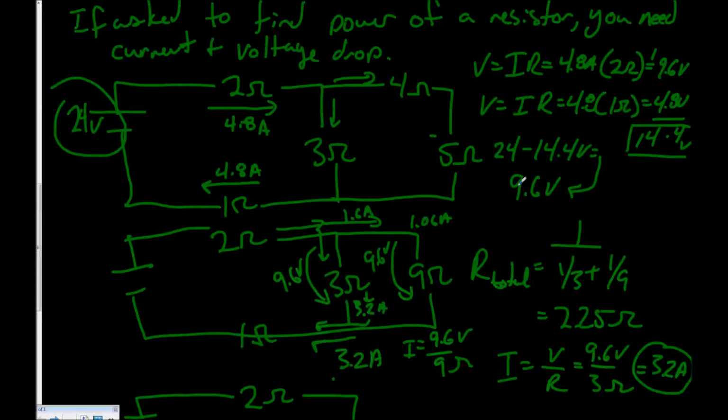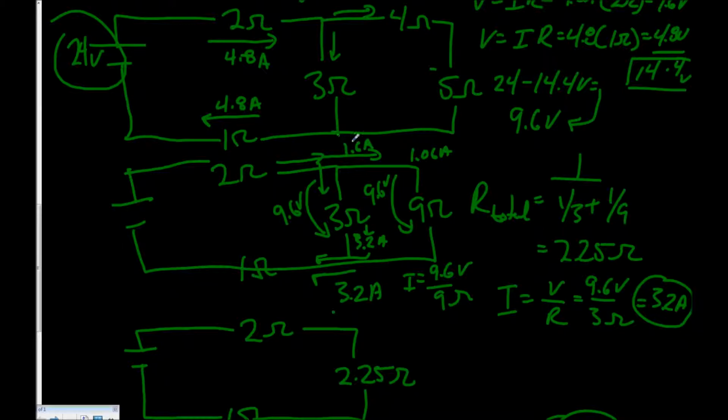Well, I'm not sure exactly where. We think we should get 1.6, but my math here, 9.6 divided by 9, gives 1.06. I'm not sure exactly where I went wrong. Anybody else getting those numbers?